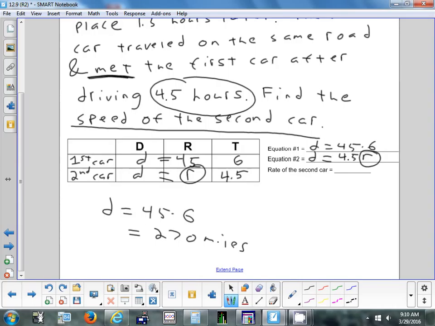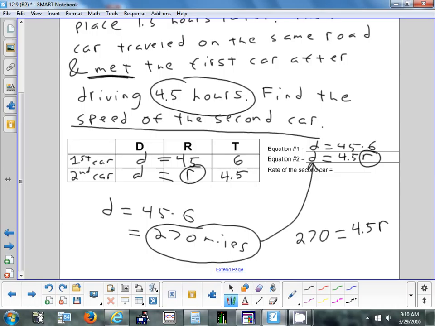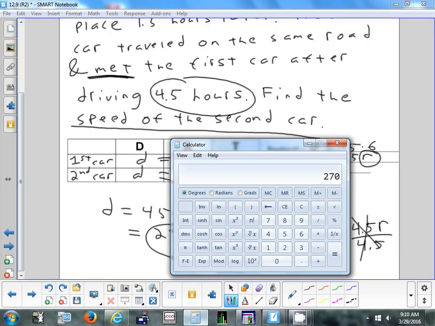Well, first we had to figure out, okay, the car drove 270 miles. Fill 270 in for D, because the distance is 270. So in equation 2, we get 270 equals 4.5r. And how do I get 4.5 on the other side? Good, divide. Okay, so the second car was going 60 miles an hour.